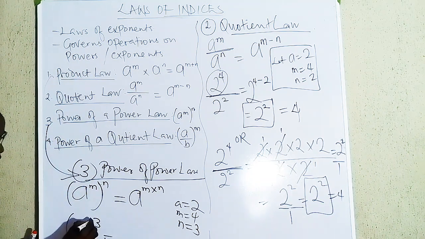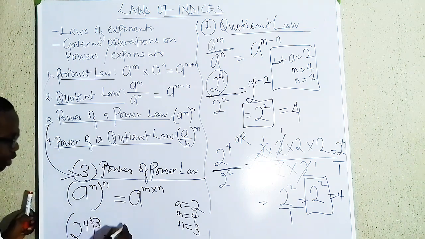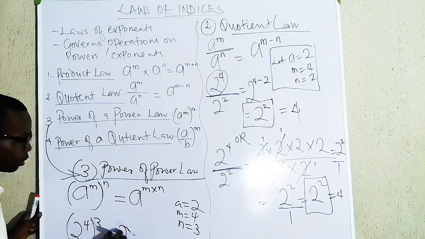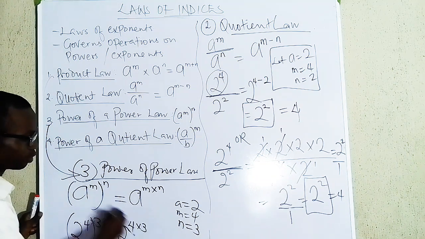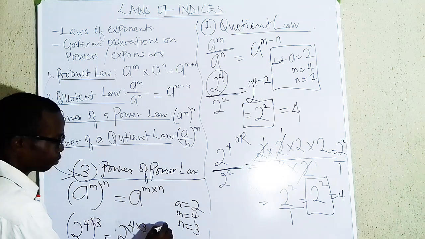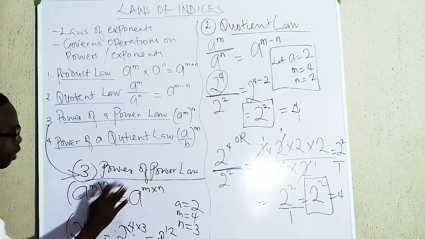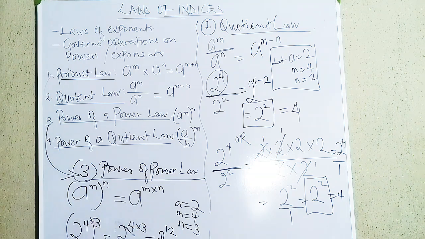The law is saying that this is like making a multiplication sign here. So we have 2 raised to power 4 times 3. 4 times 3 is 12, so 2 raised to power 12. Now that's basically what this law says. The power of power law.